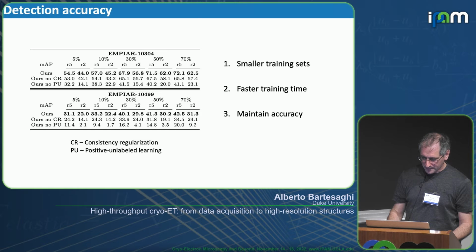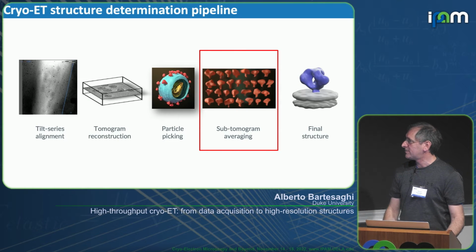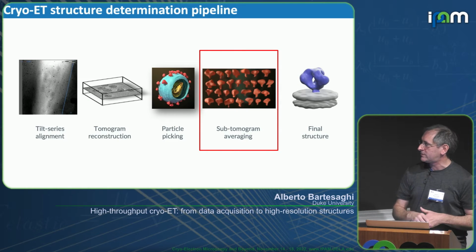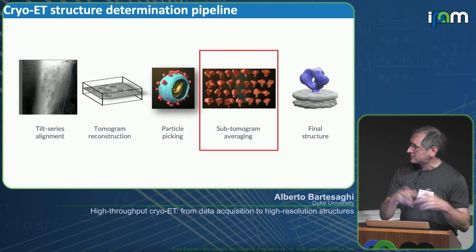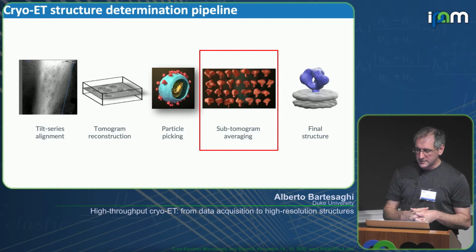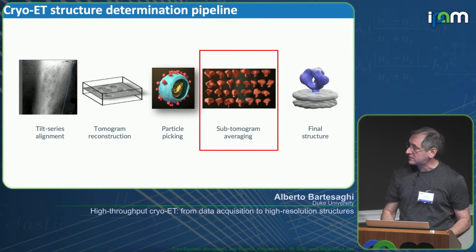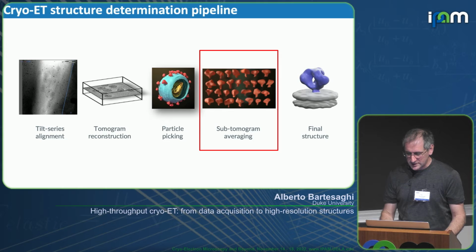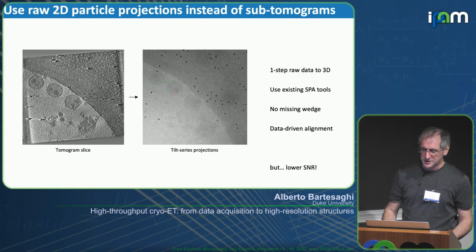Okay, so I only told you about one way in which you can get particles. There are many other ways. And I want to tell you a little bit about what happens after that, right? That's the sub-tomogram averaging, at least that was the original term.